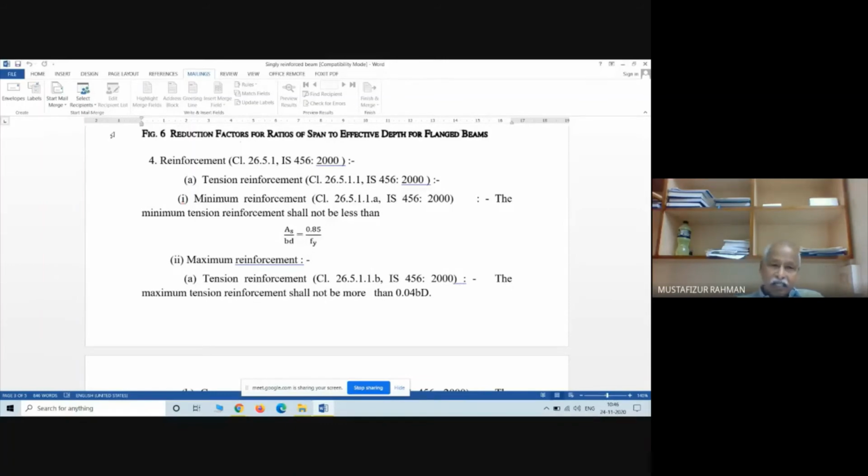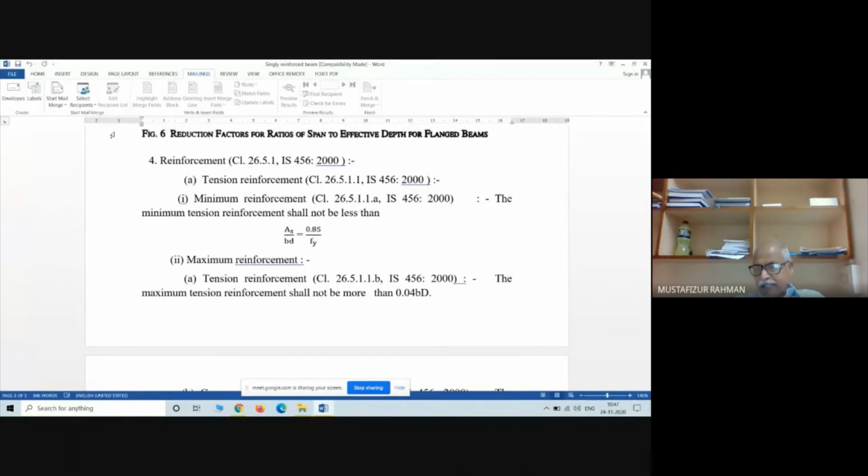So see here, the first one is minimum tension reinforcement. This is an almost similar expression I gave you when I went for shear, with a slight difference here.